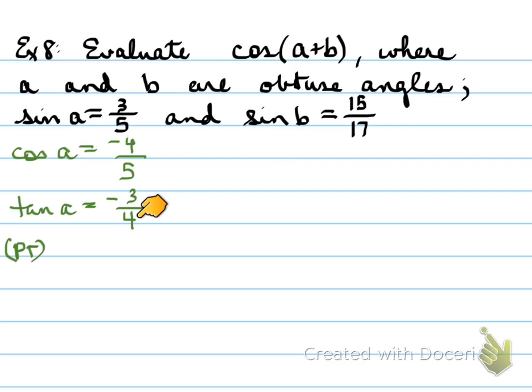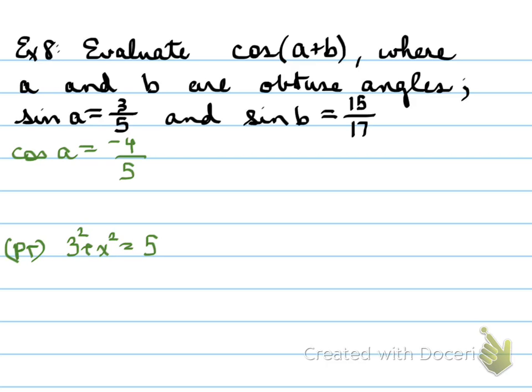And then we find the tan value, but we don't need this tan value because we're evaluating cos A plus B. So this, honestly, guys, is not necessary. So we could erase the tan. How did we get this -4, you might be wondering? Well, we have to use Pythagorean Theorem. Pythagorean Theorem, remember, is x squared plus y squared equals r squared, or hypotenuse and all of those values.